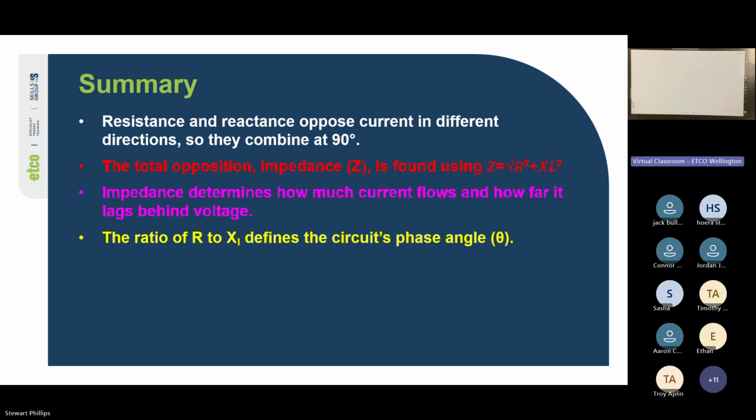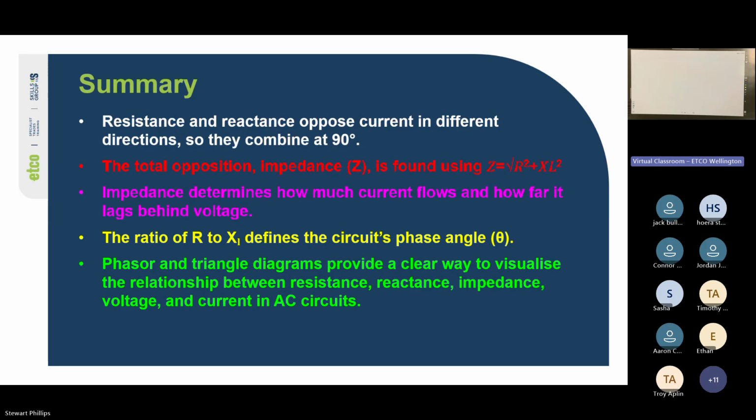The ratio of R to X defines the circuit's phase angle, theta. So, phasor and triangle diagrams provide a clear way to visualize the relationship between resistance, reactance, impedance, voltage, and current in AC circuits.